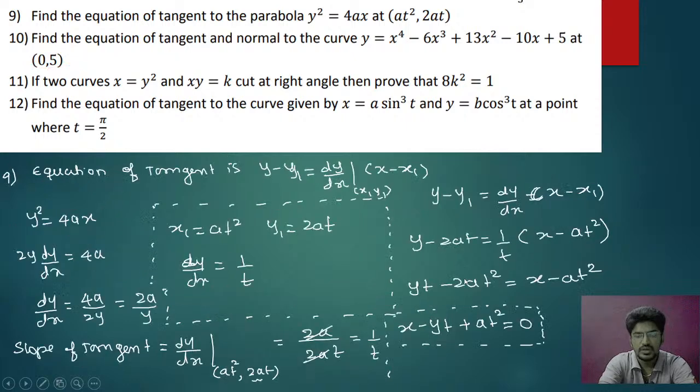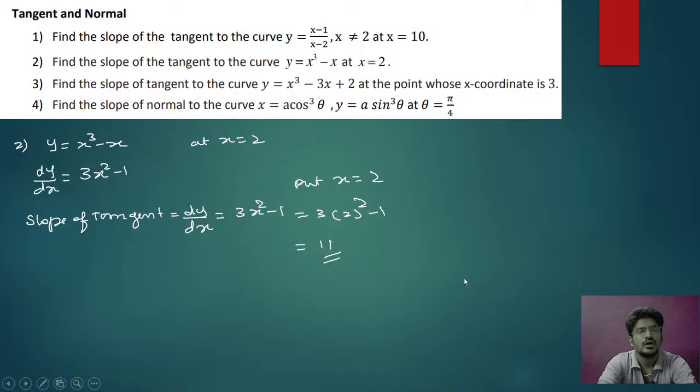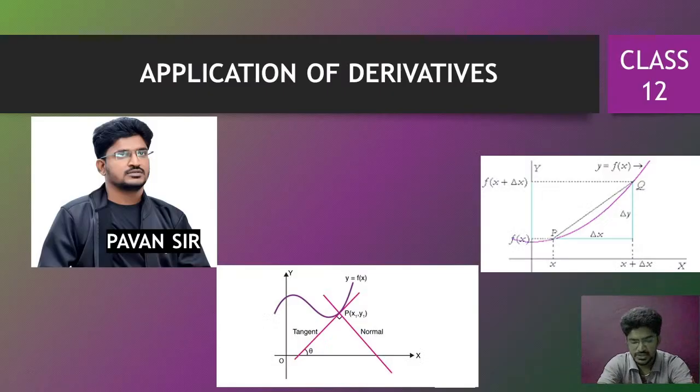So here we are solving problems of application of derivatives. Yesterday we solved the problems on slope of tangent, slope of normal, equation of tangent and equation of normal. So you can go through that, no problem.